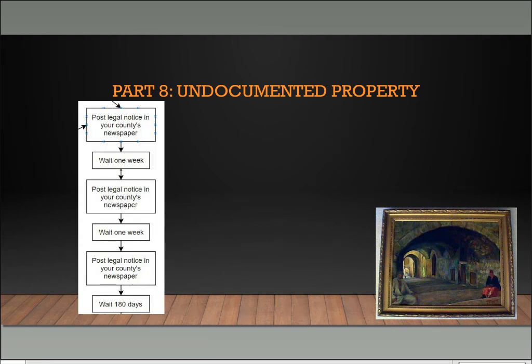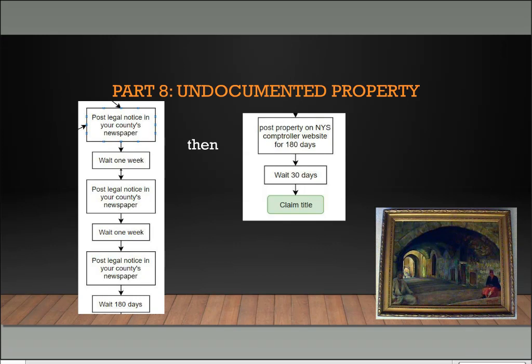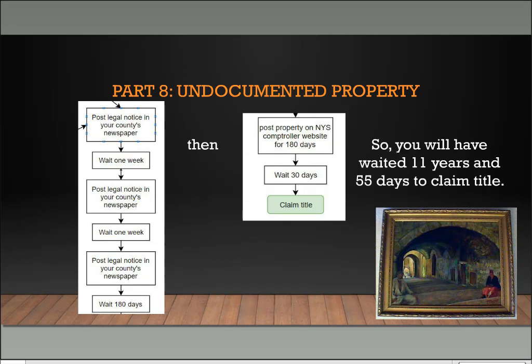All right, so after we wait 10 years, then we post a legal notice in the county's newspaper. We wait 180 days. Then we post the information on the New York State Comptroller's website. So you will have waited 11 years and 55 days to claim title to this undocumented item in your collection. That is a long time.